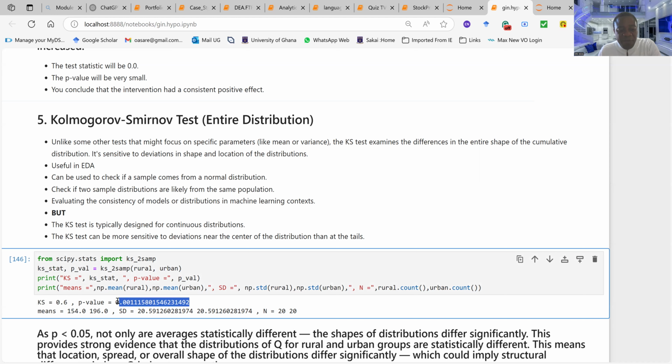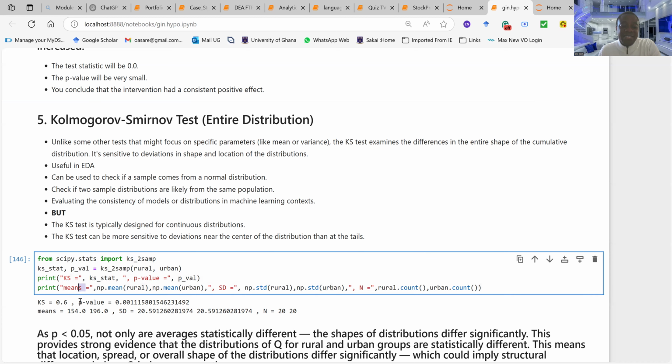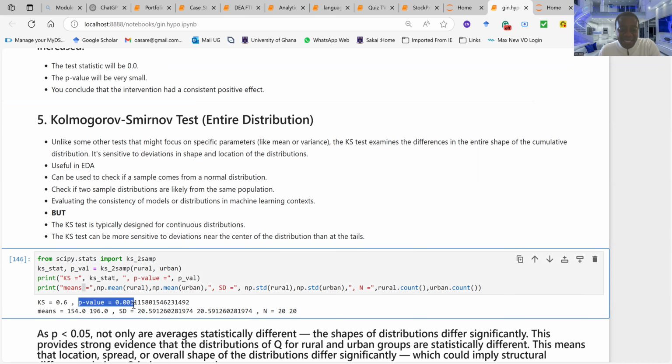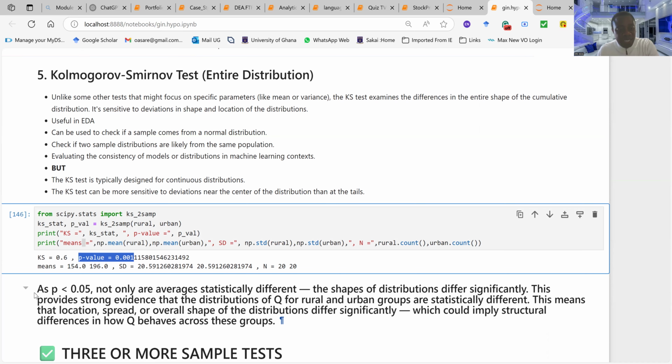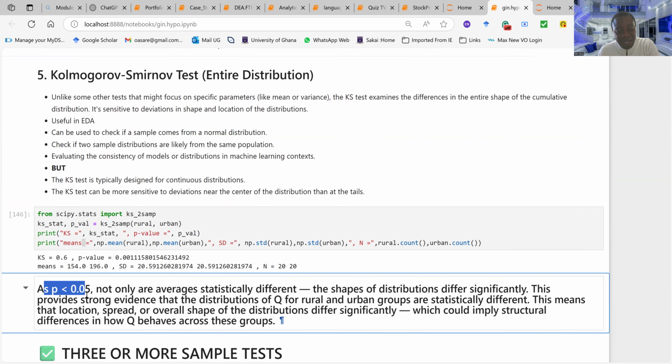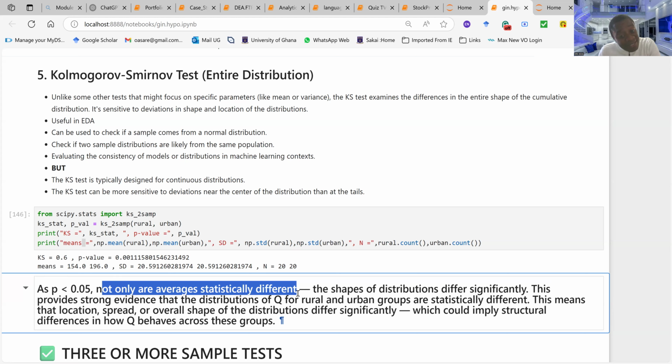So you see, even though the p-value is very, very close to zero, it is still zero, but the zeros are not too many, because it's taking everything into consideration. But again, there is a significant difference in the quantity demanded between urban and rural. So look at the conclusion here. As the p-value is 0, less than 5%, not only are the averages statistically different, the means are statistically different, the medians are statistically different.